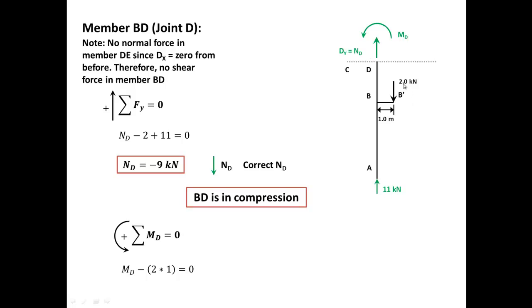So it's MD, then 2 multiplied by 1, and it's rotating clockwise, so it has a negative sign, and should equal to 0, and MD should equal to 2 kilonewton meters. That means in member BD, just below the joint D, we will have a moment of a positive 2 kilonewton meters.